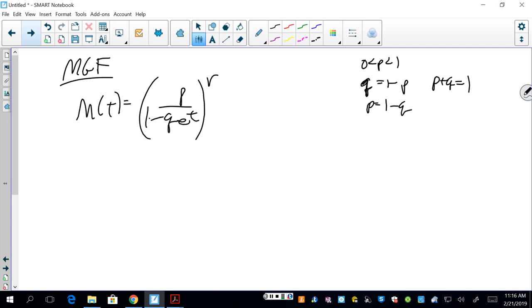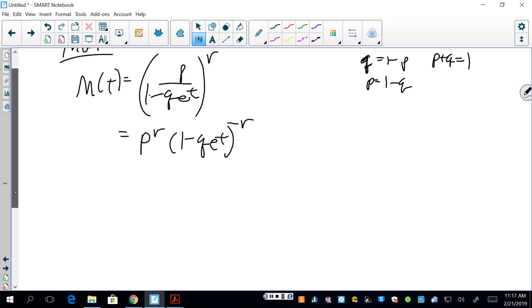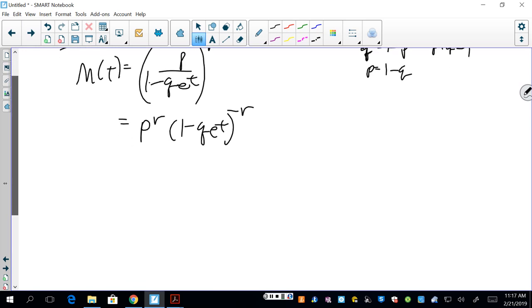So to get a mean of the random variable, we're going to take the derivative of this stuff, right? So one way of writing this is p to the r, 1 minus q e to the t to the negative r. Putting it like that might make it a little bit easier to keep track of things. And so you take the derivative with respect to t.